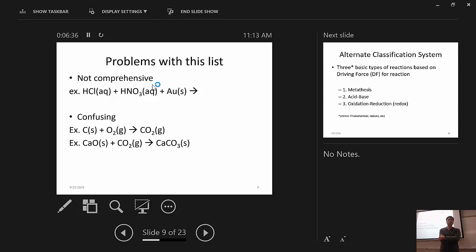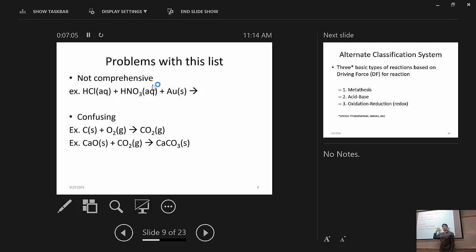And as we go more towards the theoretical part, the way I'd like to categorize the reactions is based on common traits or common features between them. And so if we look at these two reactions, they are combination reactions. We're combining carbon and oxygen to make carbon dioxide. Over here we're combining calcium oxide and carbon dioxide to make calcium carbonate. So both of these are combination because we're taking A plus B yields C, A plus B yields C.